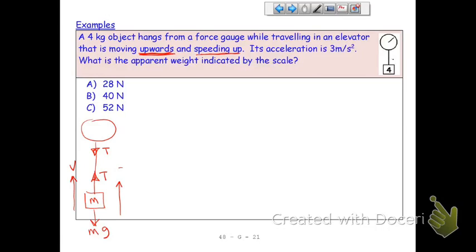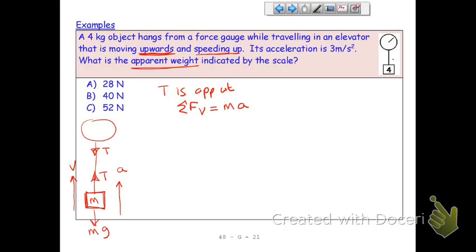Upwards, because when they're both pointing in the same direction, they're speeding up. Okay. I want to find what is the apparent weight. T is the apparent weight. That's the first thing. You've got to know that tension is the apparent weight. The sum of the forces vertically is equal to ma.